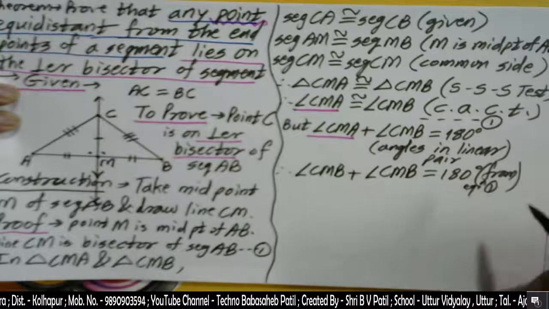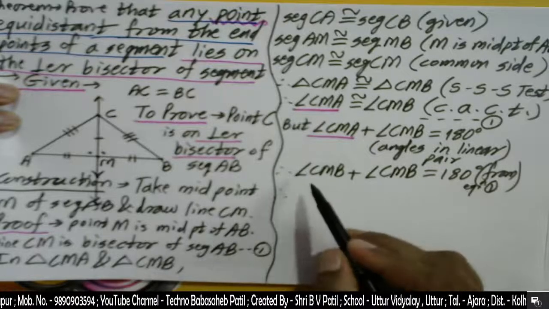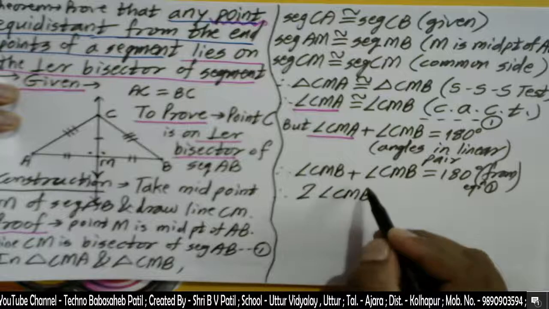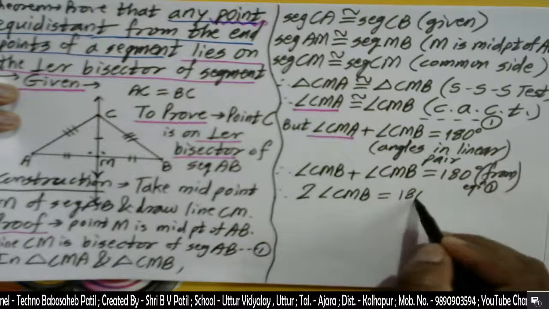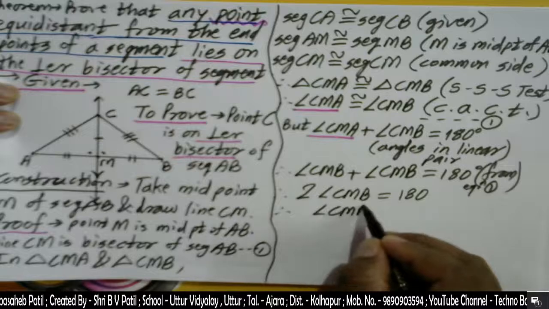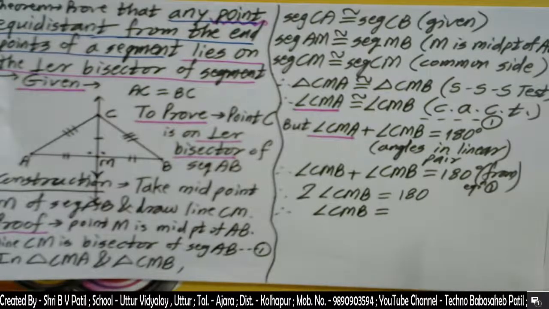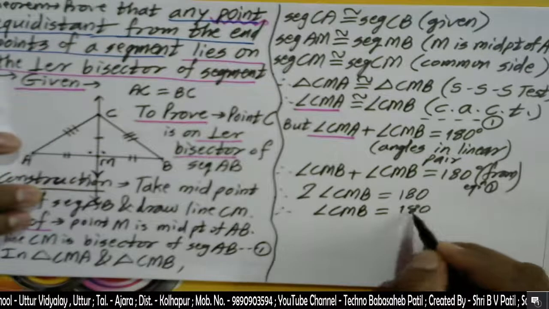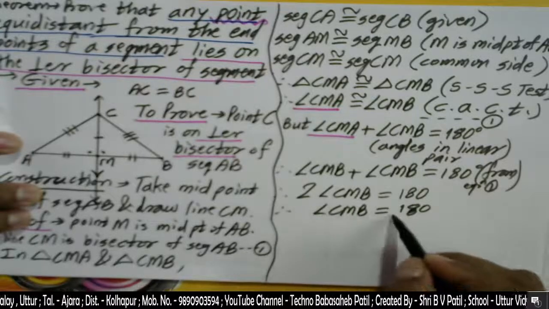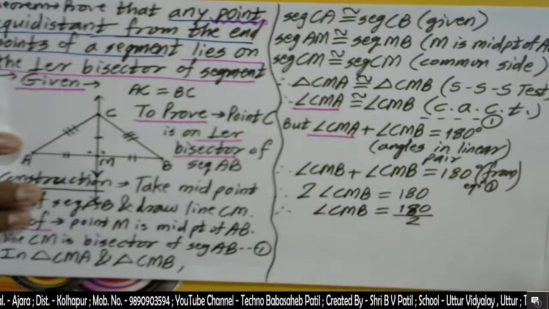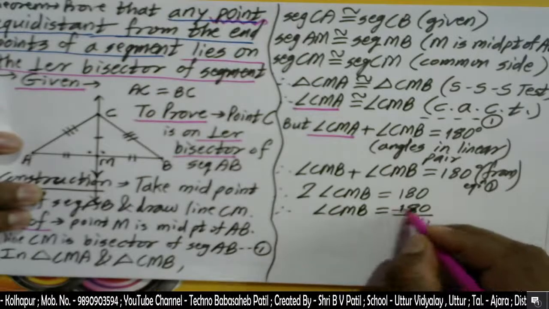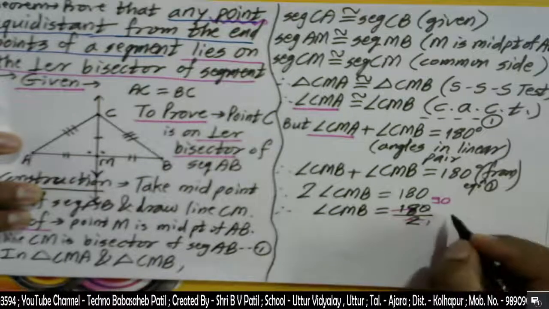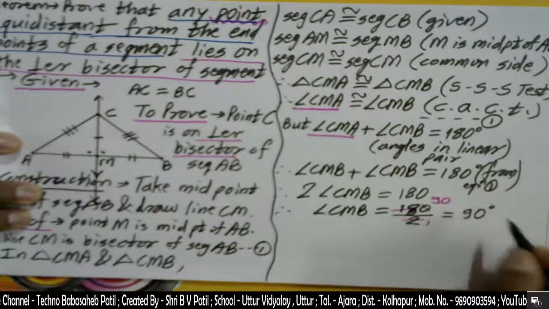From equation 1 we write the reason. Therefore the addition is 2 times angle CMB, equal to 180. Therefore angle CMB is equal to 180 divided by 2, which is 90 degrees.